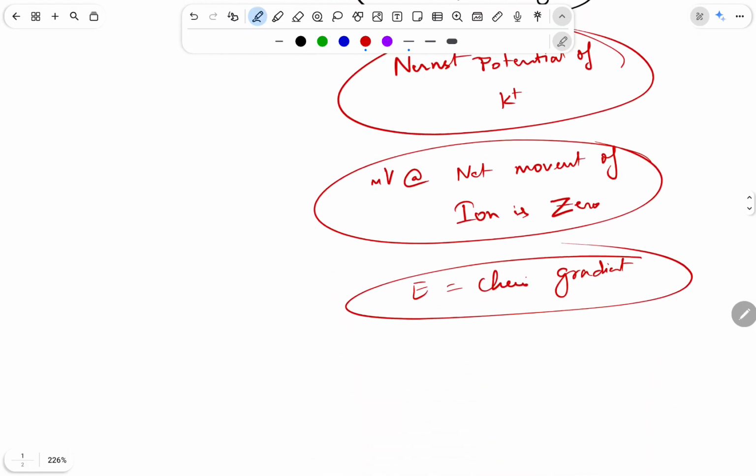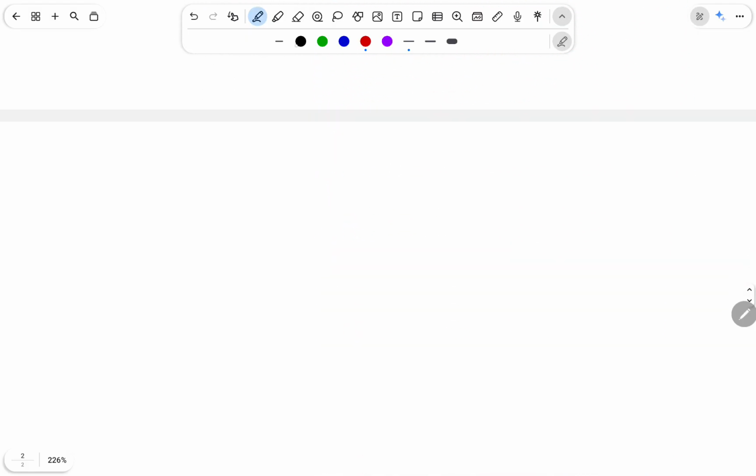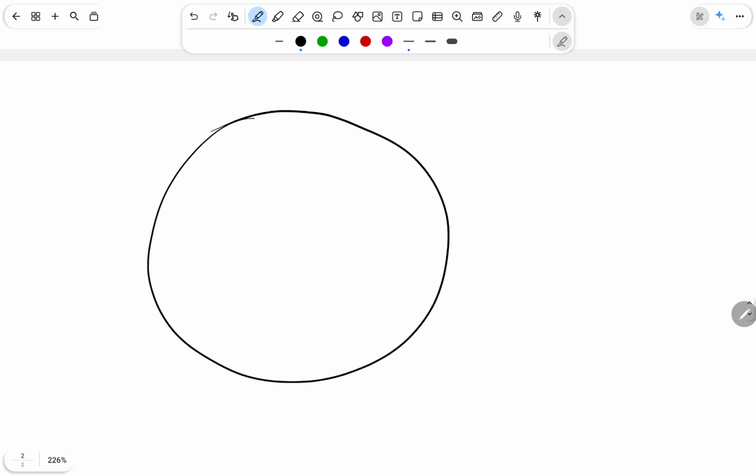But these are not the only ions which are present in the body. Eventually, there is a development of other channels with increased transcription and expression. Now we have potassium channels, sodium channels, chloride channels.